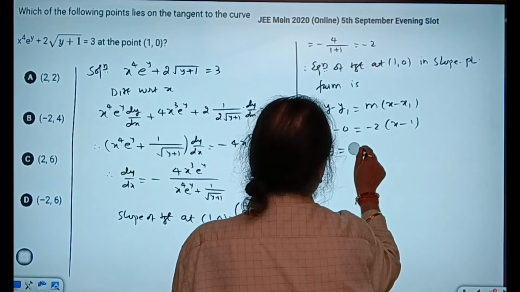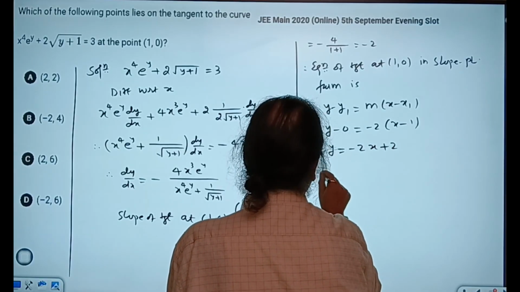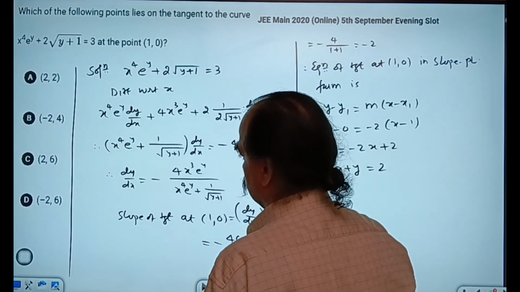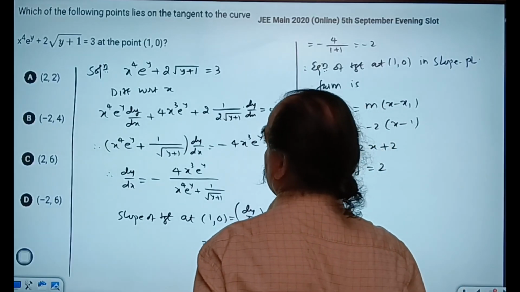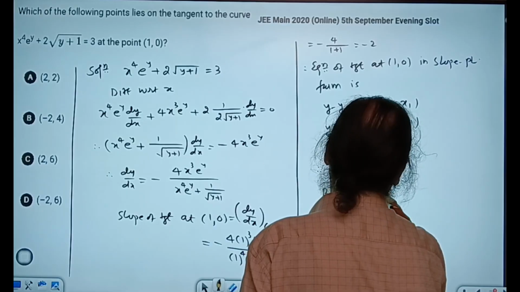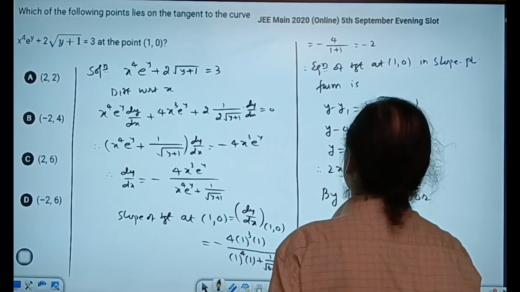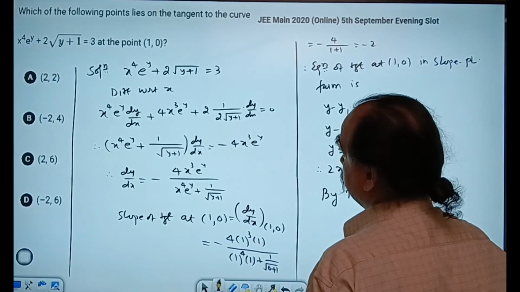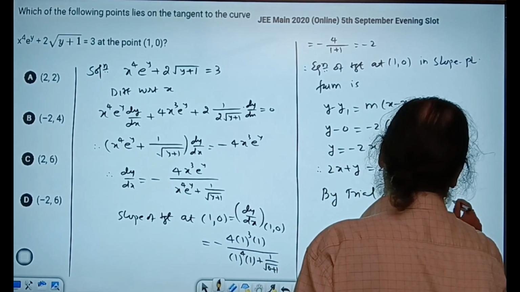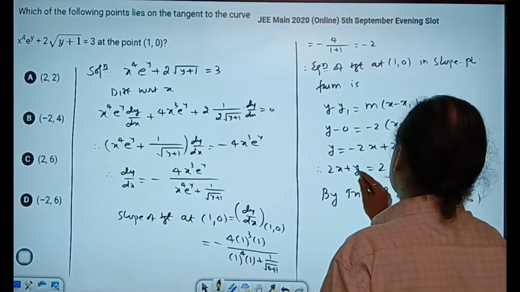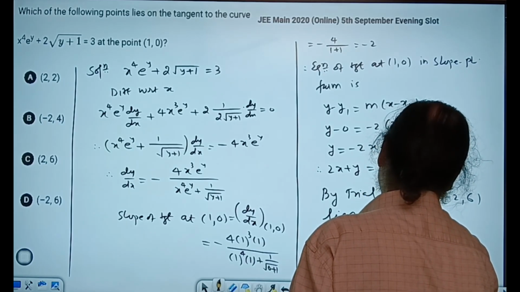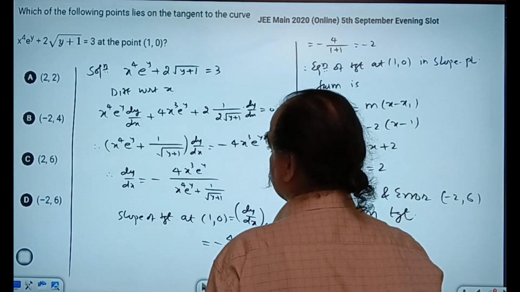So y is equal to minus 2x plus 2, so 2x plus y is equal to 2. By trial and error, the point (minus 2, 6) lies on the tangent. Minus 4 plus 6 is 2, so it lies on the tangent. The answer is D.